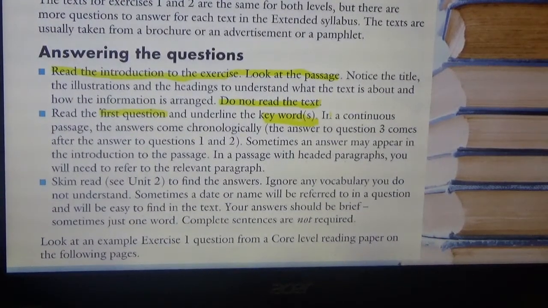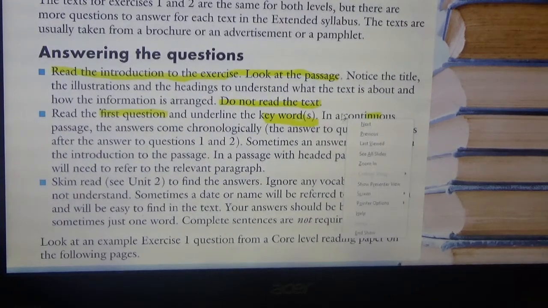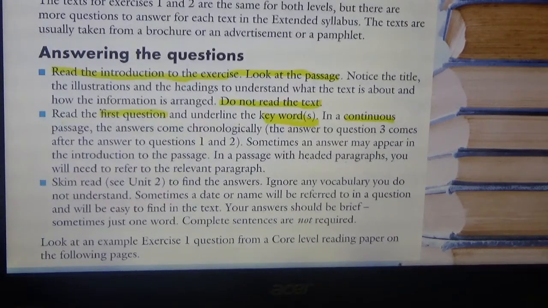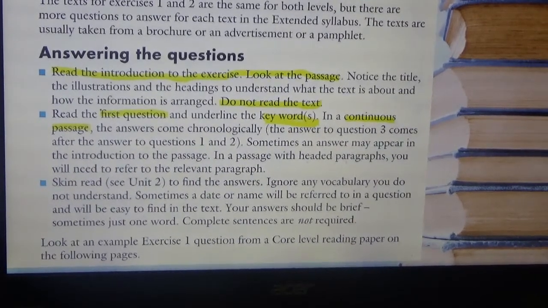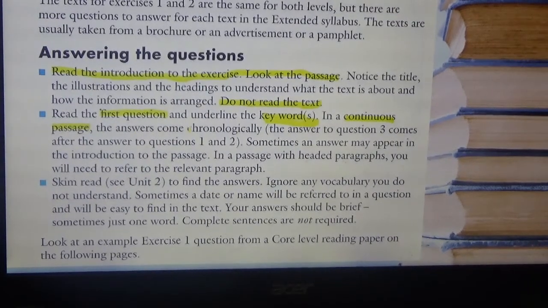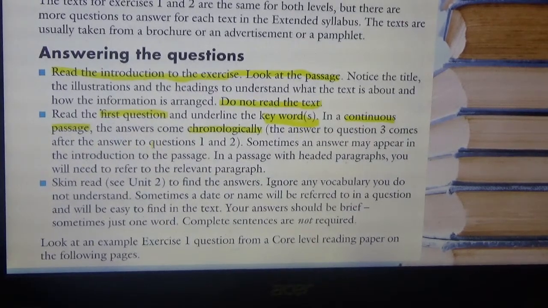Okay, in a continuous passage, the answers come chronologically. What we had is like a post, a brochure, a leaflet, a pamphlet, an advertisement. Okay, the answers come chronologically, like the answer to question 3 comes after the answers to questions 1 and 2.